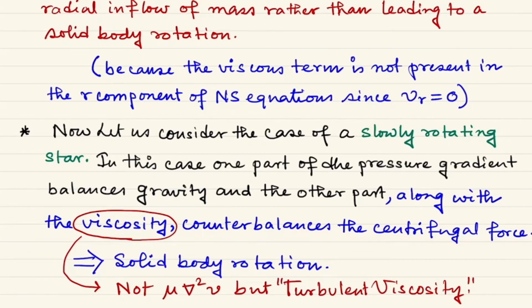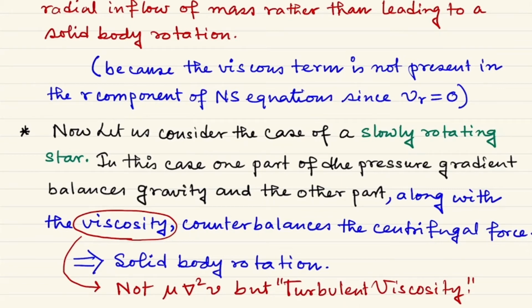Now when I am saying along with the viscosity, does it mean this nabla square V? Well, this is also not correct. This is not the normal molecular viscosity, or Navier-Stokes equation viscosity in the direct sense, which is responsible here. There is another thing called turbulent viscosity, which I will talk about when I introduce the general properties of fluid under turbulent conditions.